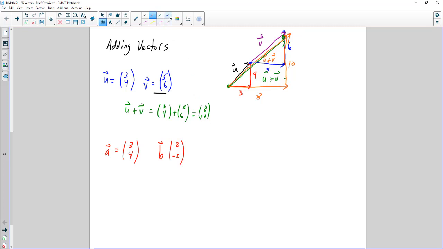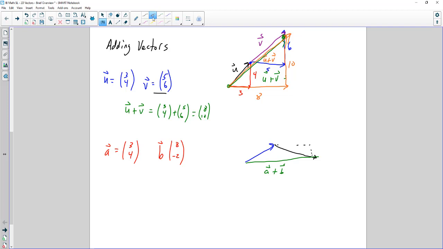So if I were to add those, I would have 3, 4 going this way again, and then on the end of that, I would go 8 this way and down 2. Okay. So let's actually add that. If I go 8 this way and down 2, I would get a vector that looks like this. So this vector would be a plus b.